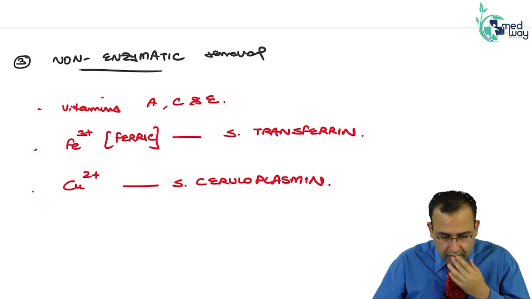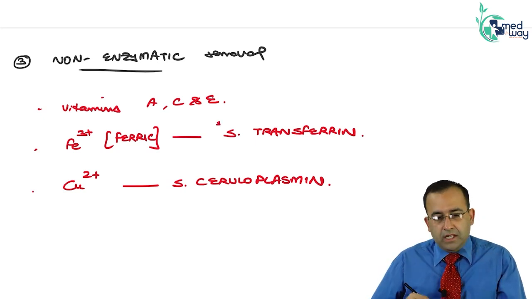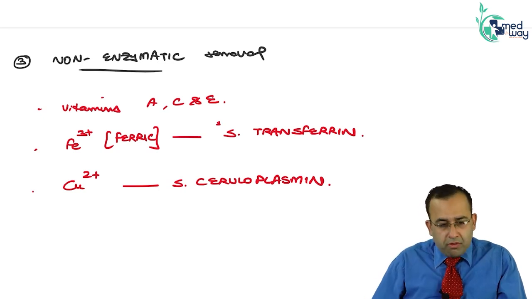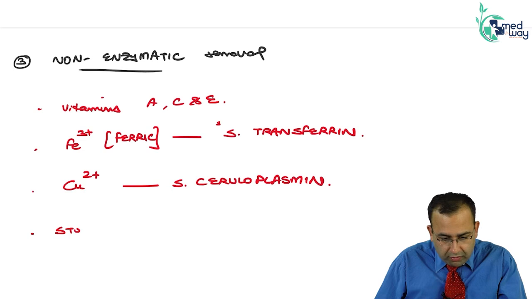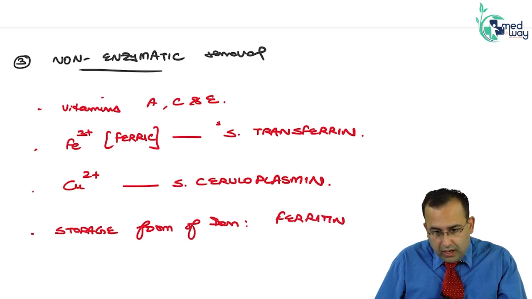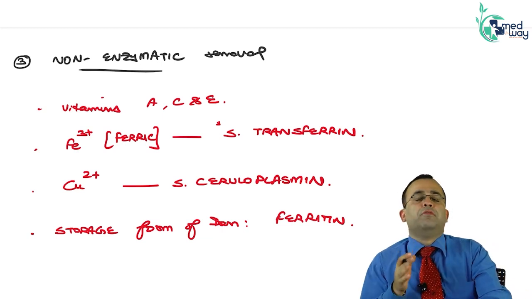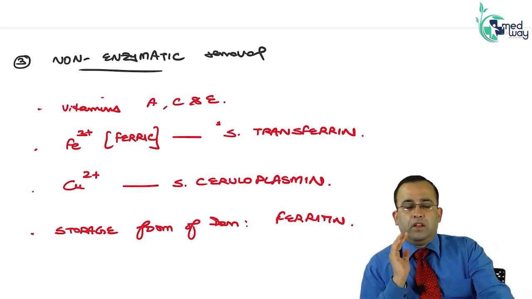And lastly, the storage form of iron, that is ferritin. So these are the substances which play a role in non-enzymatic removal of free radicals. क्या क्या देखा आपने?